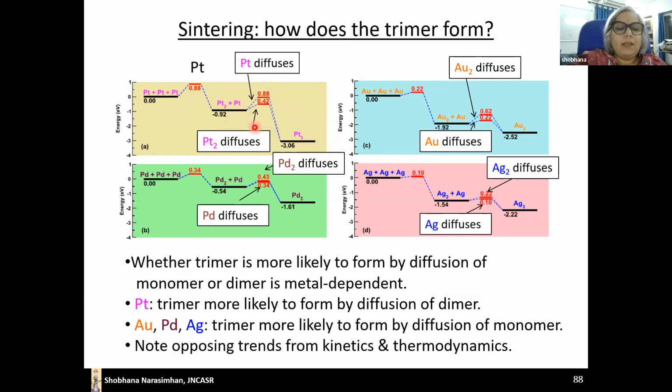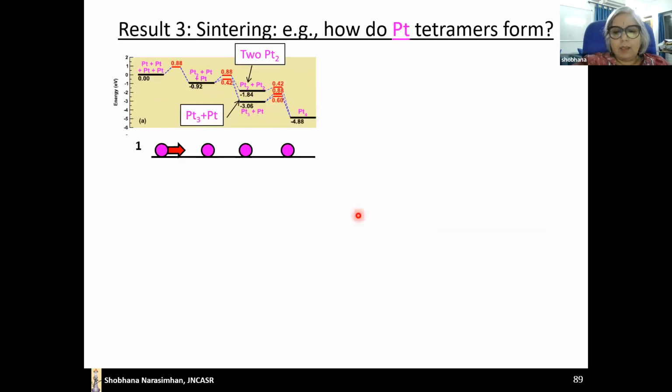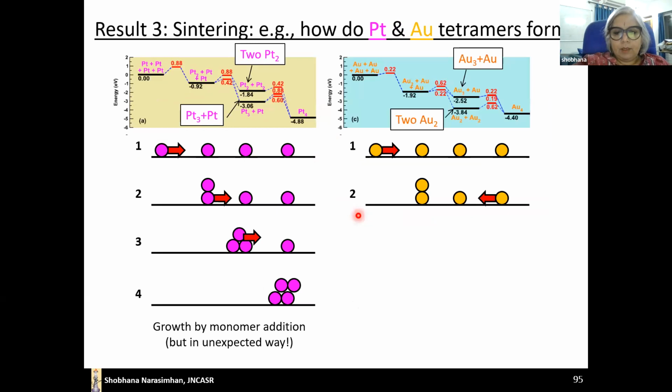So in the short time scale, when you're looking at diffusion barriers, you would say that it is least likely for sintering to occur on platinum. But on the other hand, if you wait for long time scales, thermodynamics wins out, and you would say platinum is most likely to sinter. So you have opposite trends from thermodynamics and kinetics.